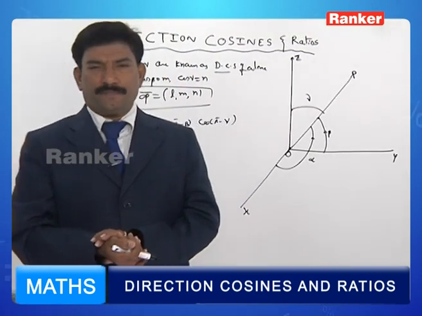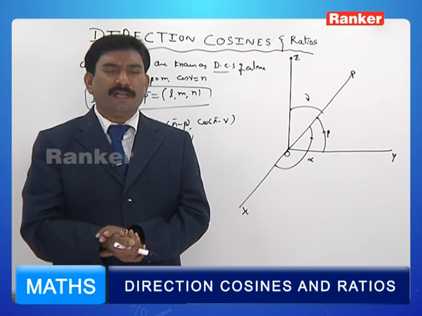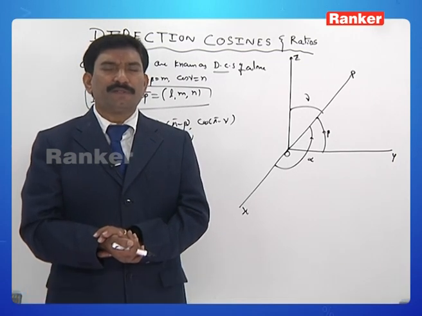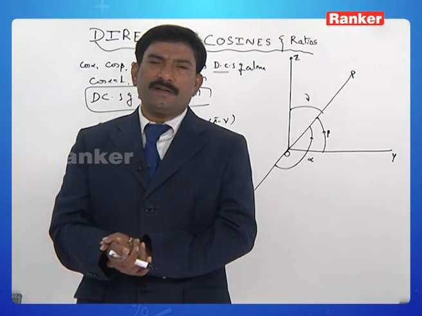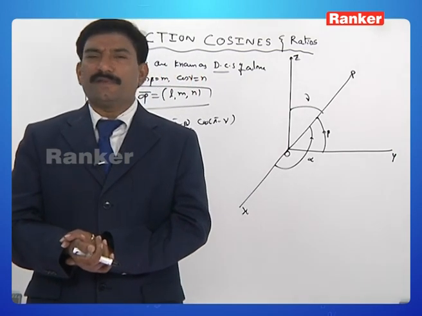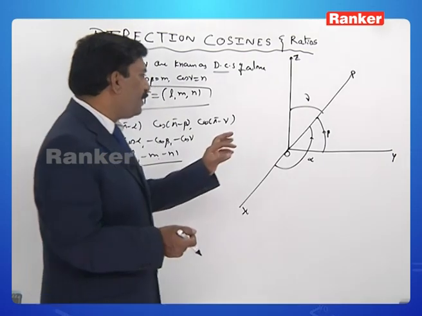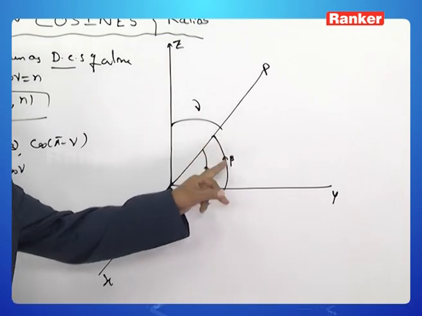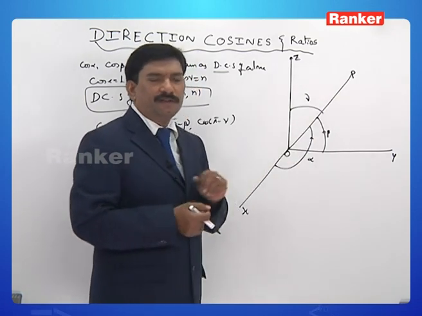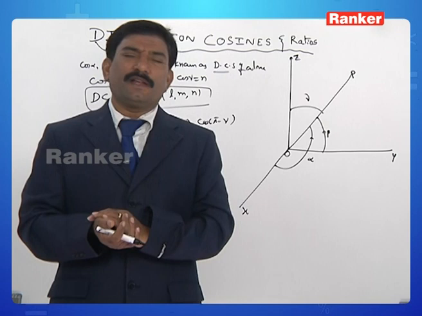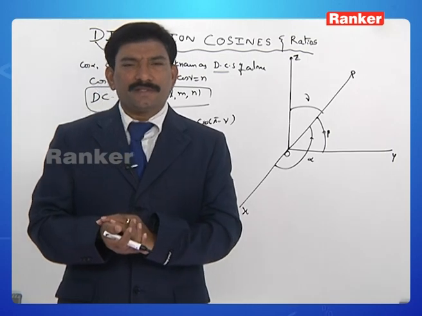But we focus attention only on the positive direction. So let alpha, beta and gamma be the angles made by the line OP bar with the positive directions of the x, y and z axes. Then cos alpha, cos beta and cos gamma are the DCs of the line in the positive direction. Similarly, PO bar makes angles pi minus alpha with the x-axis, pi minus beta with the y-axis, pi minus gamma with the z-axis.